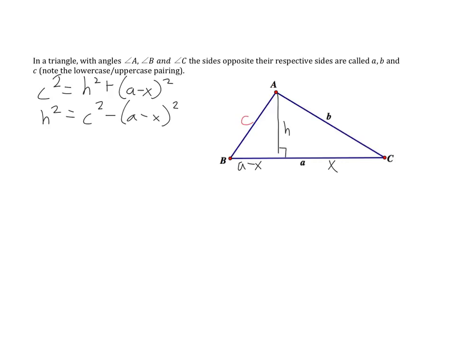Also, from this side, we're going to have b squared is equal to h squared plus x squared. So h squared is going to equal x squared minus... Oops, moved that to the wrong side.